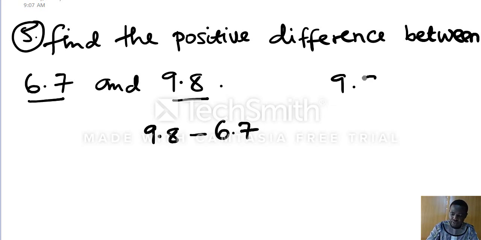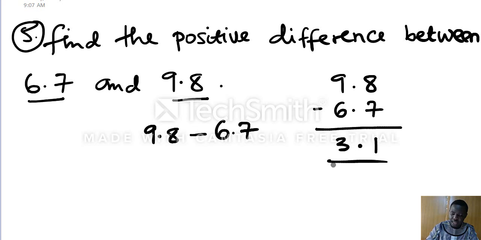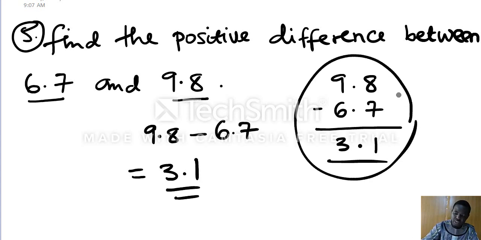As usual, 8 minus 7 is 1. 9 minus 6 is 3. And our answer therefore becomes 3.1. Actually, you can do this at the back of your exercise book or just at the corner, just like I did mine, different from your answer, so that your teacher will be able to see what you have done. You can also do this to show him or her how you got your answer.